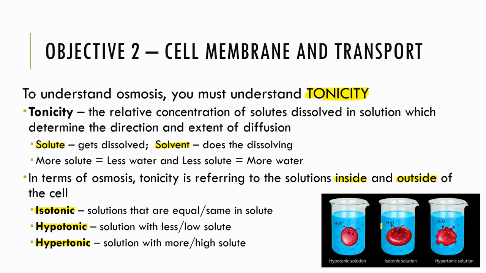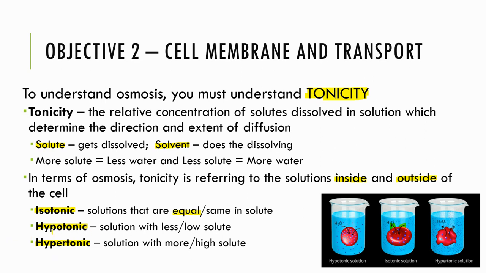If we were to describe solutions as being isotonic, iso means equal, so that would be the cell and the surroundings both have an equal concentration of solute. So this is the picture here. What you can see is that there's an arrow going out, there's an arrow going in. If a cell is in isotonic conditions, the water just kind of moves in and out equally.